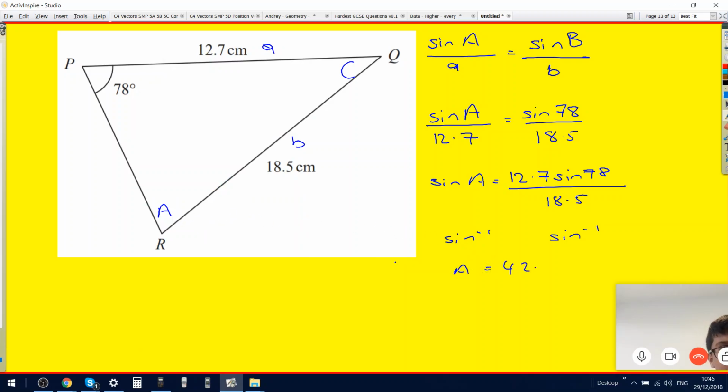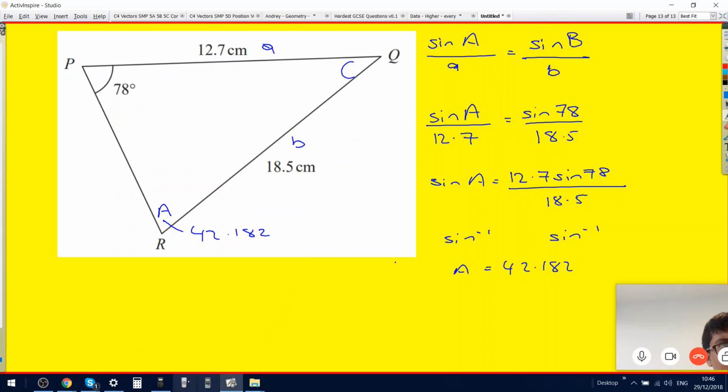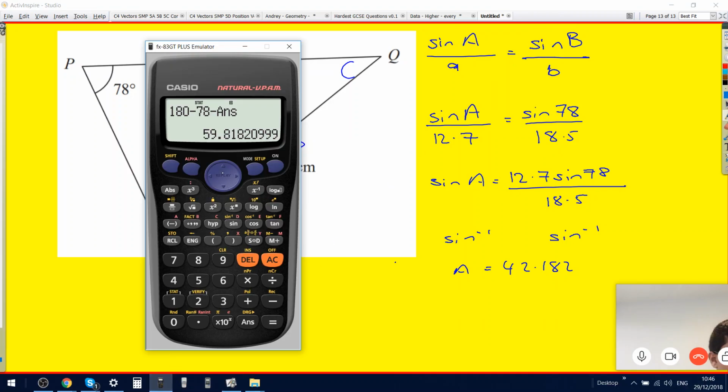So we can say that angle C is 180 minus answer minus 78. That gives 59.818. How many significant figures do they want? Let's do it to 5 sig fig for the moment.